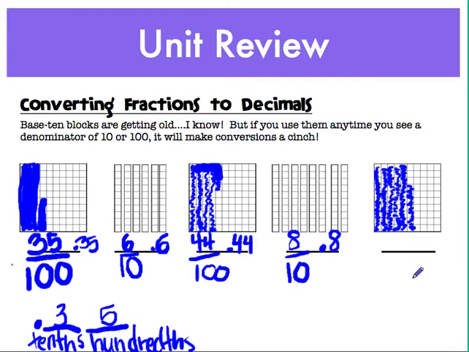So it's important to know this. So here we have 1, 2, 3, 4, 5 longs colored, and then 1, 2, 3, 4, 5, 6, 7. So it's going to be 57 over 100. And that's going to give us 57 hundredths.